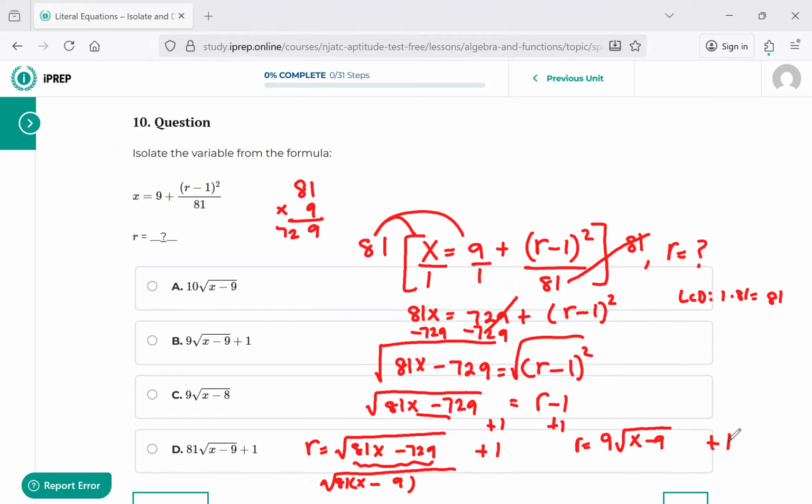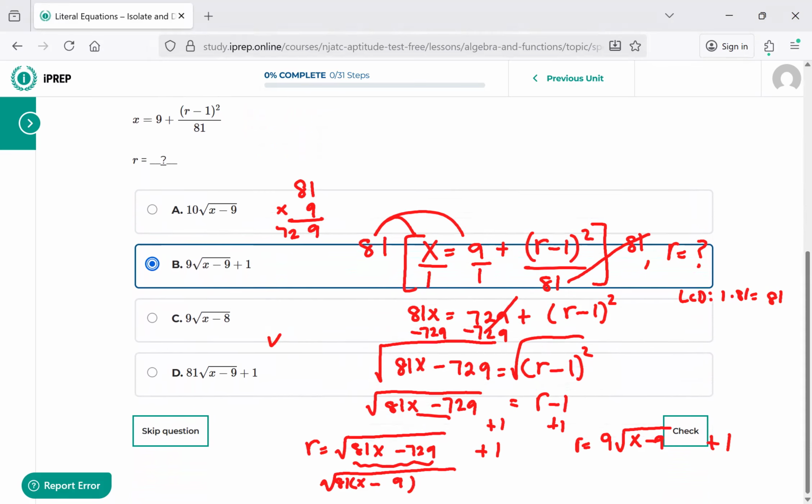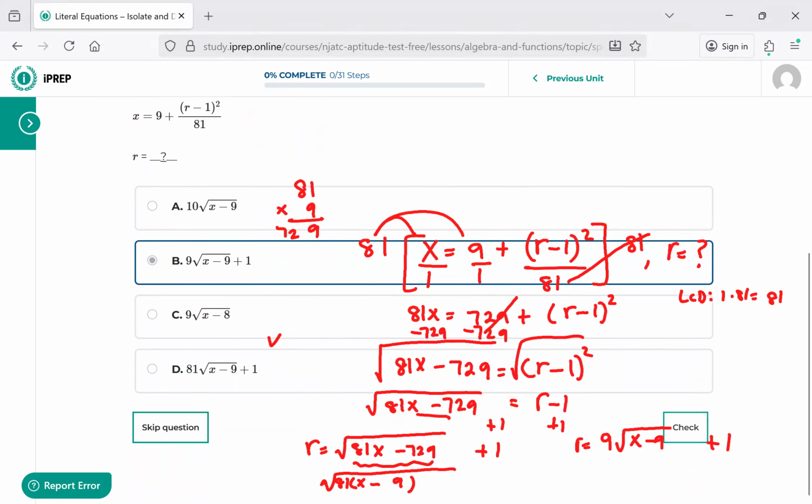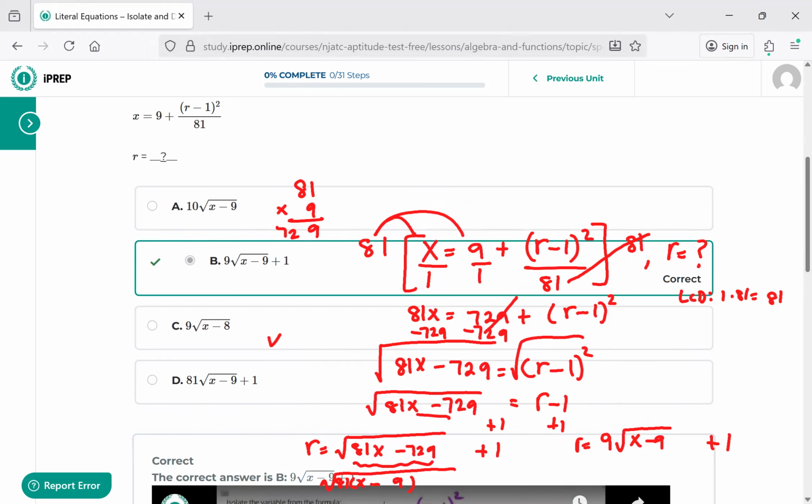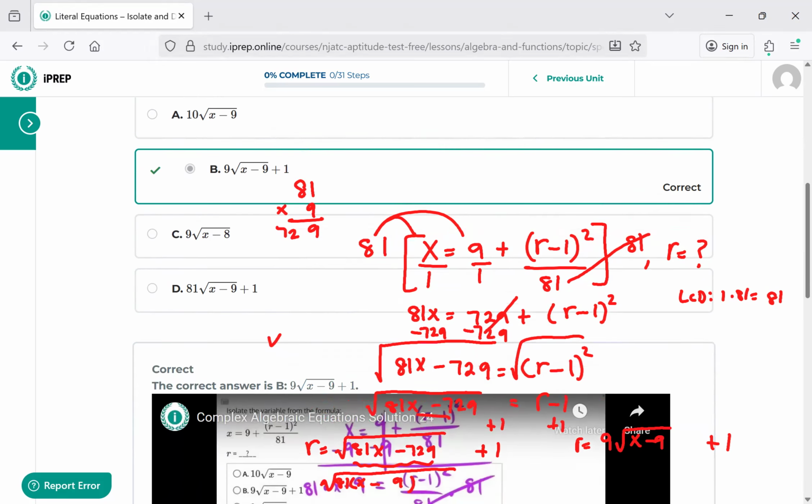And then you have that plus 1. So which one is that going to be? Letter B. Yeah, that one's a tricky one, I'm not gonna lie.